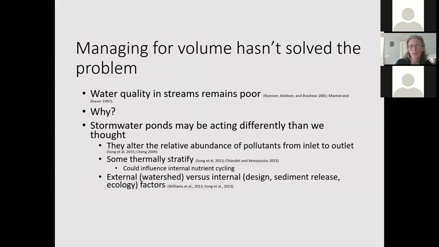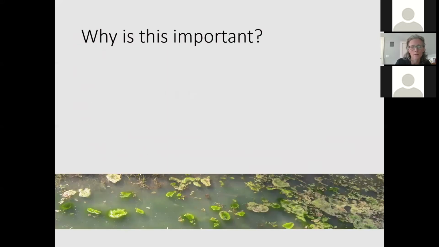And then there are these external versus internal factors that we don't really understand because we've been considering them well-mixed inert reactors. We've considered them bathtubs, but they're really like little ponds. I mean, they are ponds. They act like a pond does. After a while, it really settles in and acts more like a natural pond.